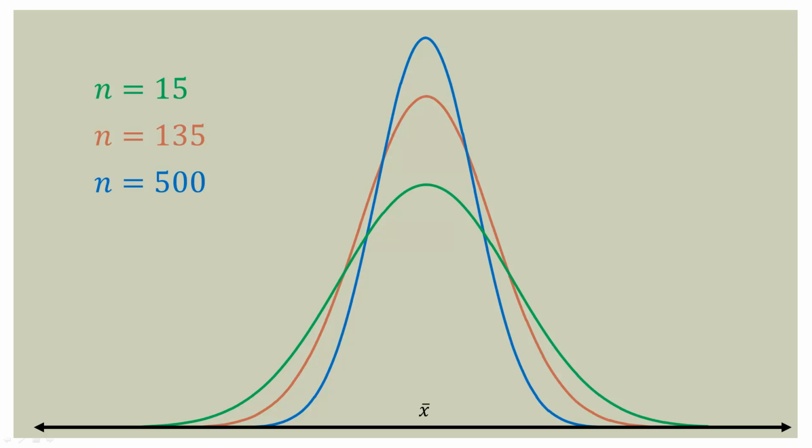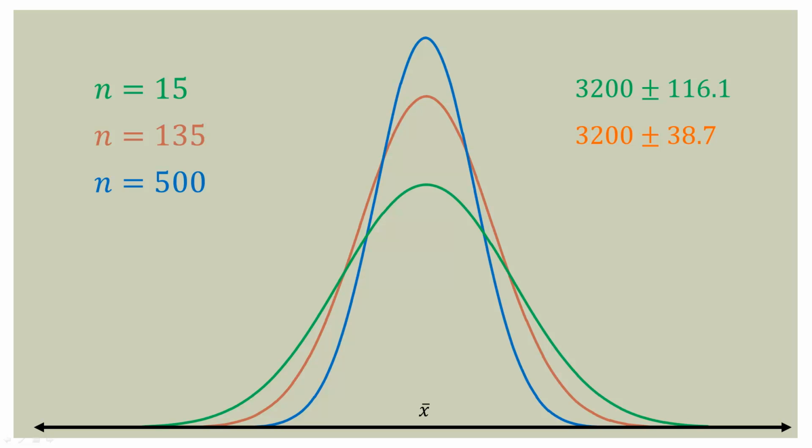Okay, so here are our curves again. So we have our sample size of 15, 135, and 500. And again, these curves are general, so they're not exactly perfect, but they give you the idea. So for the sample size of 15, we had plus or minus 116. So that is wider, that is further away from the mean. For the sample size of 135, it was plus or minus 38.7.